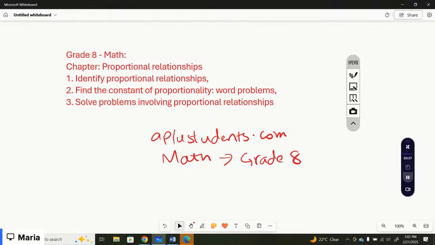We're going to start with the chapter proportional relationships. The lessons we're going to cover today are identify proportional relationships, find the constant of proportionality word problems, solve problems involving proportional relationships.